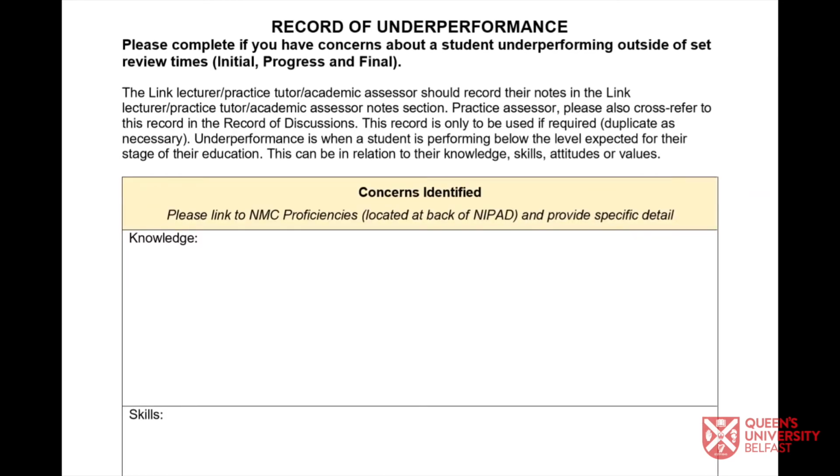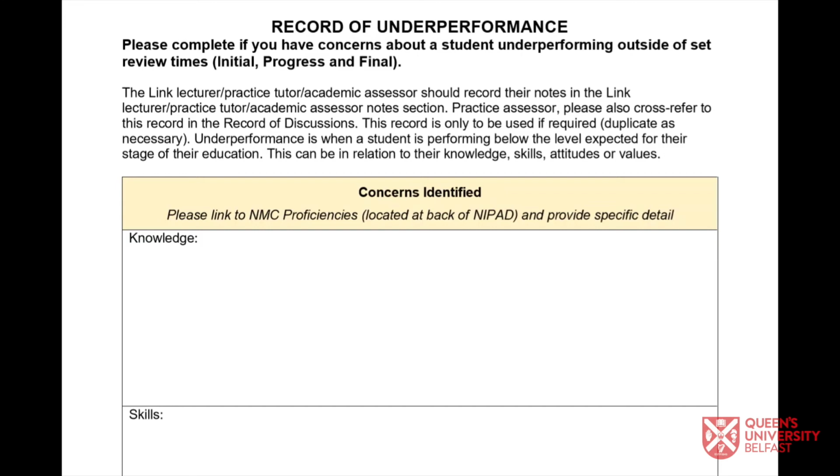So the record of underperformance. This is completed if a practice assessor, supervisor, etc. has concerns about a student underperforming outside of the set review time, so outside the initial, progress and final discussions. Now the linked lecturer or the practice tutor or academic assessor should record their notes in the academic notes section that we've just looked at previously.